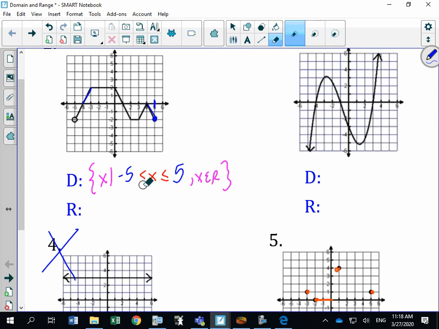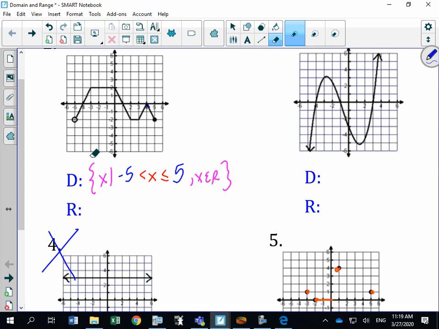I have to go to my inequality sign and get rid of that equal to. So my domain is x is less than or equal to 5. Here it could be 5. But when I read it this way, x is greater than -5. It's not equal to -5. It doesn't actually touch -5.